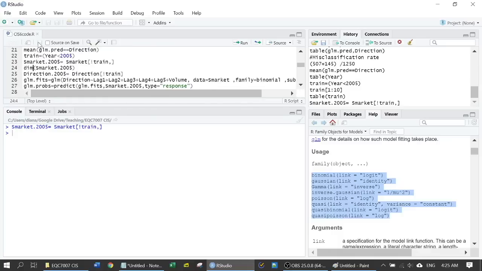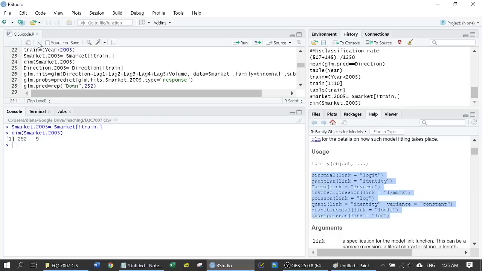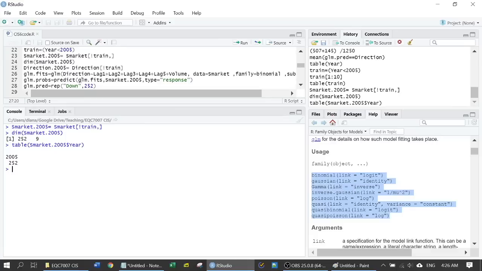You can run the dimension of SMarket.2005 and you can see that you have 252 observations. And if you type in table of SMarket.2005$year, there's only 1 year, which is 2005.